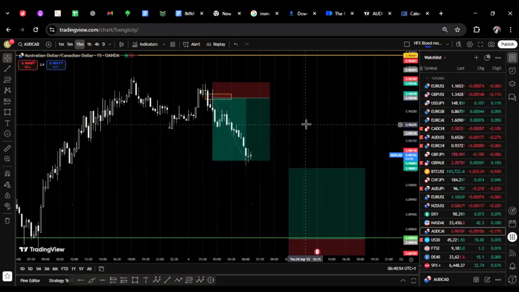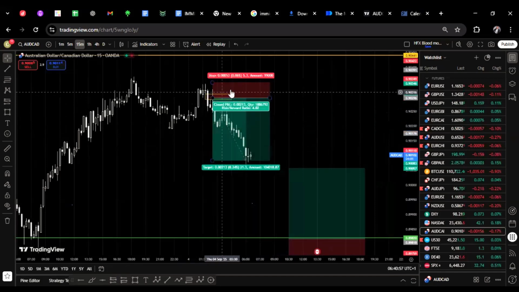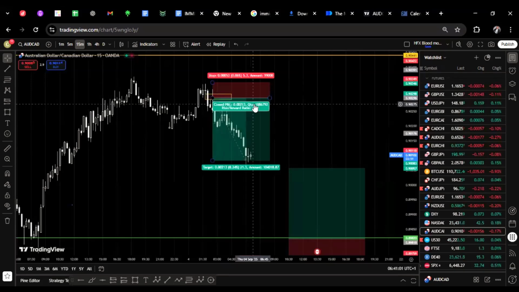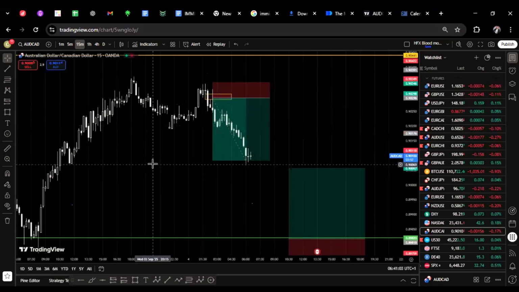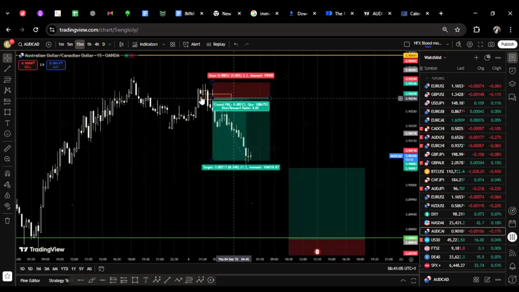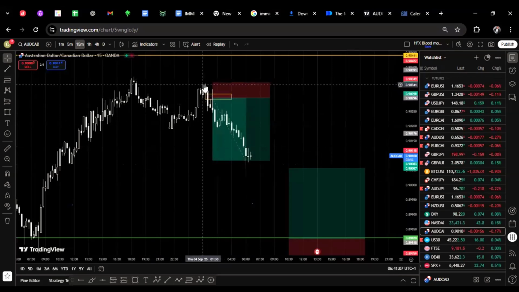You'd hit your TP even without the market cleaning out your SL zone, right? So that's why you don't just jump into any fair value gap. It must be close to a nice area.